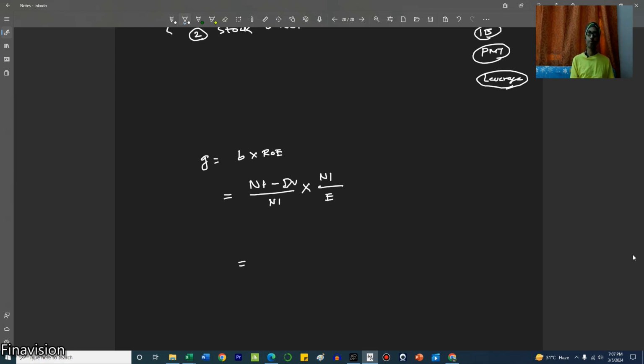Let me write DIV for dividend: (net income minus DIV) by net income into net income by assets into assets by equity.